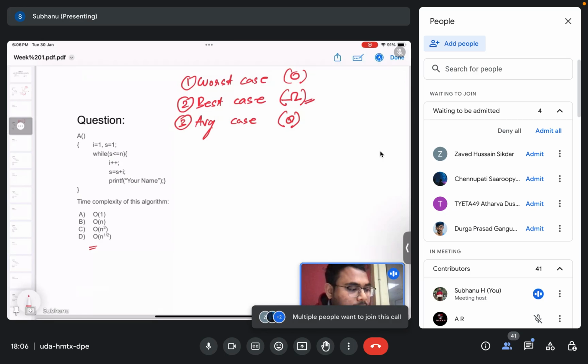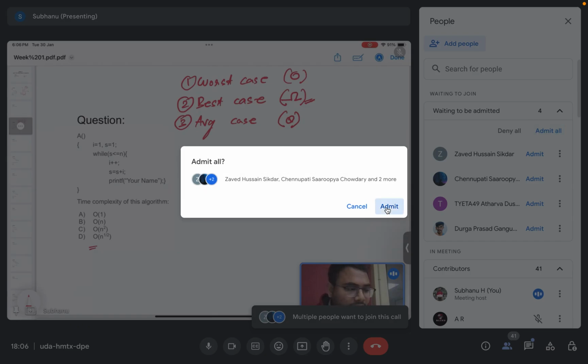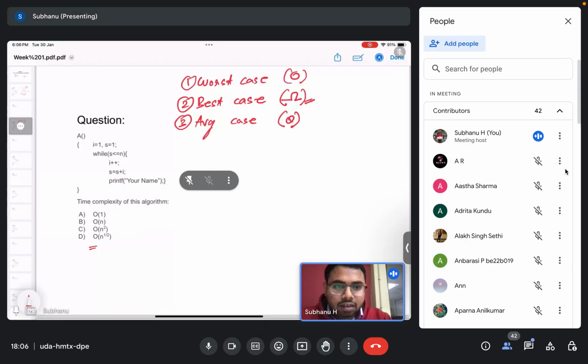Best case means if we run it for only one iteration, I can close my statement. Mostly we are committed to finding the worst case time complexity.